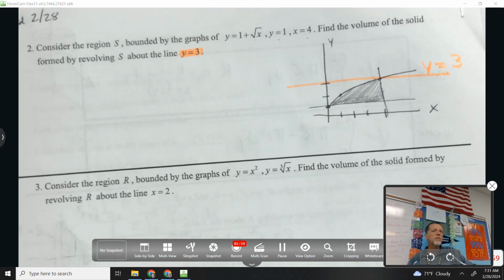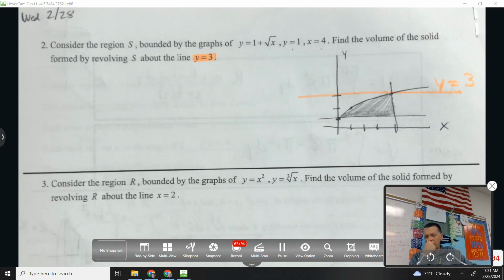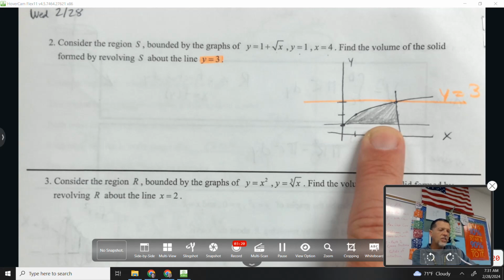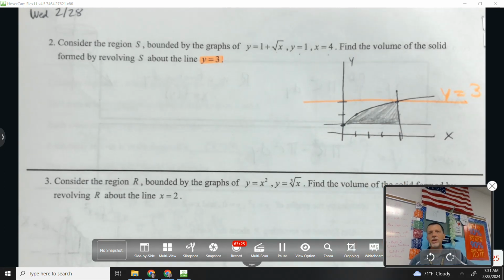So probably the first question, unless you want to graph it, is can you tell if this is going to be discs or washers? Washers. Somebody in a different class phrased it this way: if your area region is sitting on your axis of rotation, then it would be a disc.